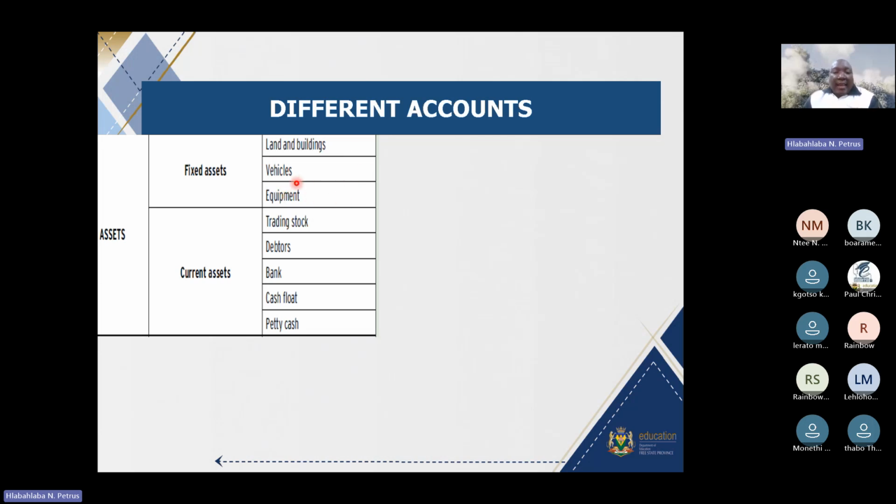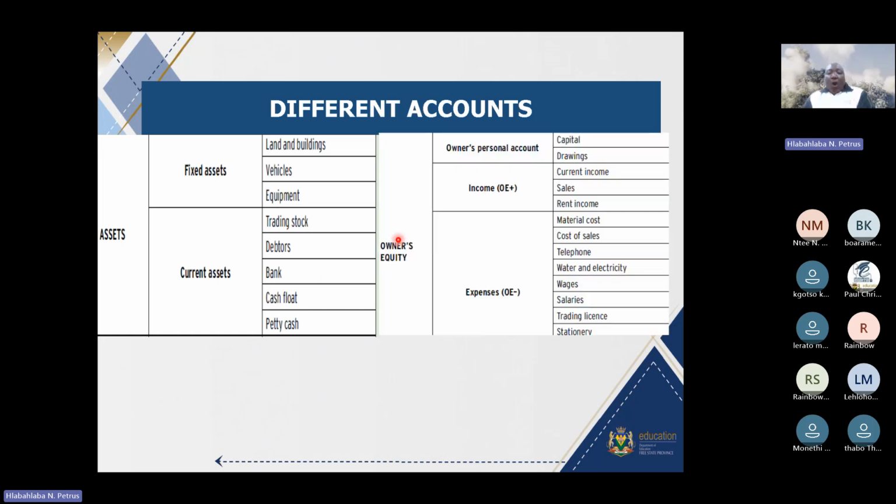This is just a recap so that you remember when we continue. Then we have current assets: trading stock, debtors, bank, cash float, and petty cash. These are the accounts that fall under the assets.